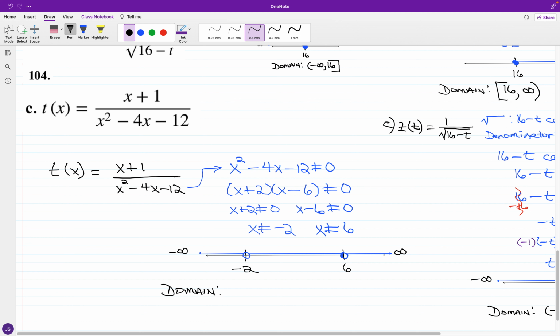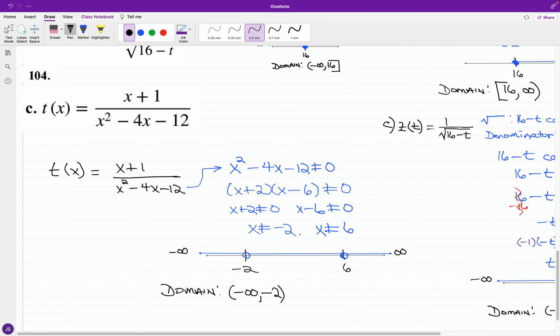And so for the domain, at the lower end you have those values of x less than -2. You have parentheses throughout, as we're bypassing -2.